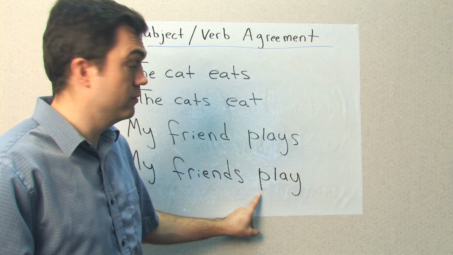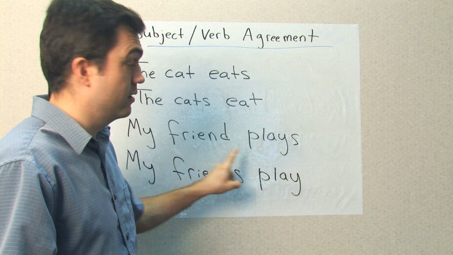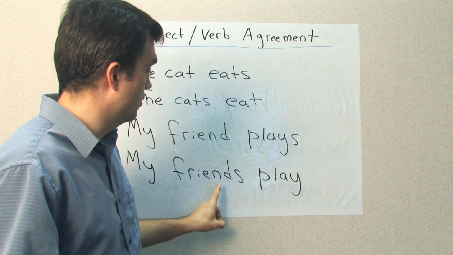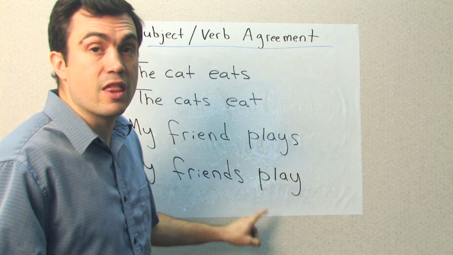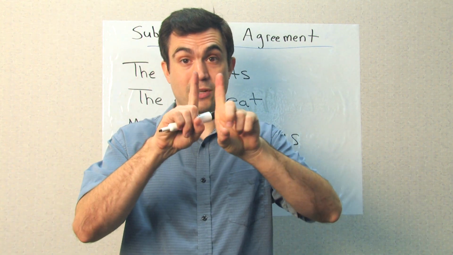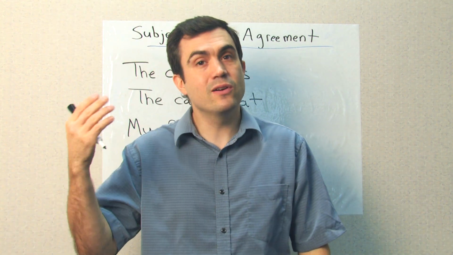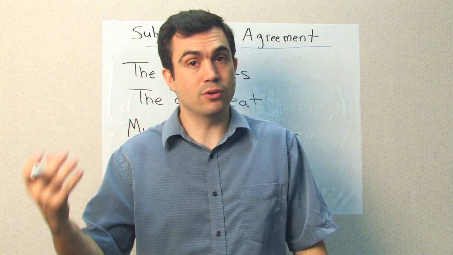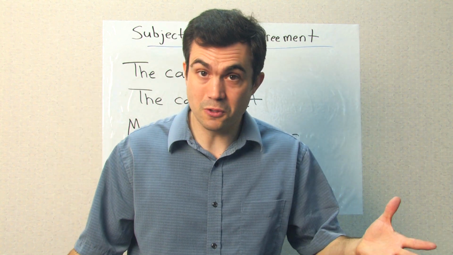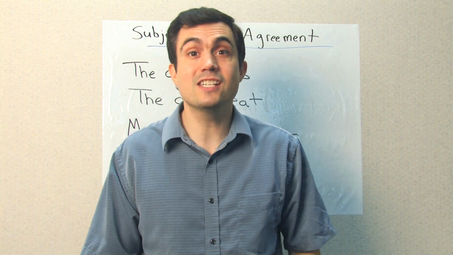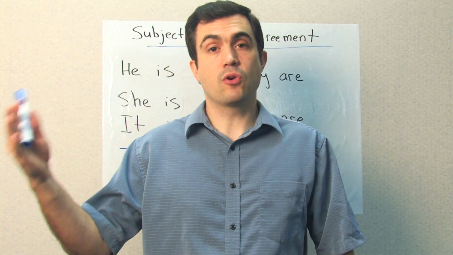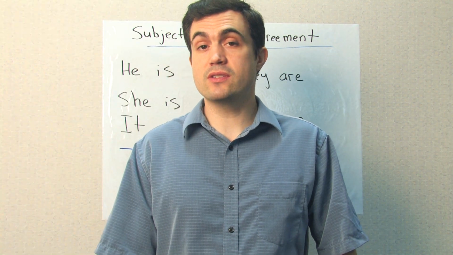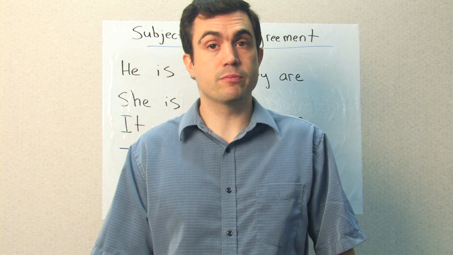Plural, plural. Singular, singular, plural, plural. This is subject-verb agreement. Remember, if the noun is singular, the verb is singular. If the noun is plural, the verb is plural. See? English is easy. Of course, subject-verb agreement also applies to the verb to be.